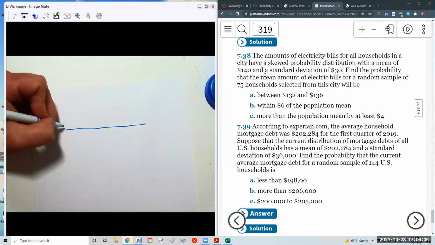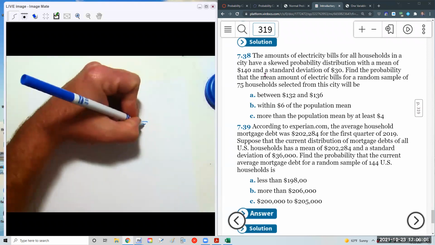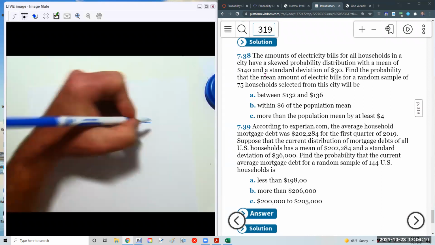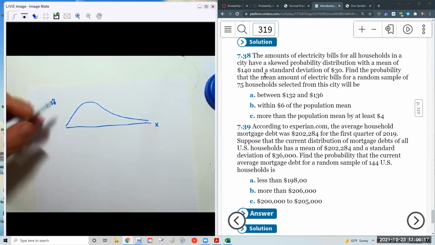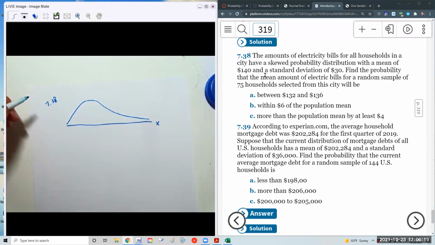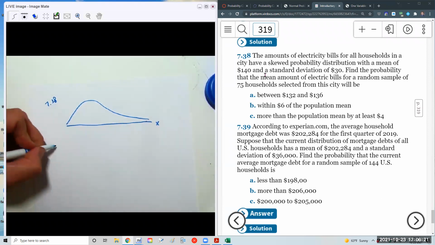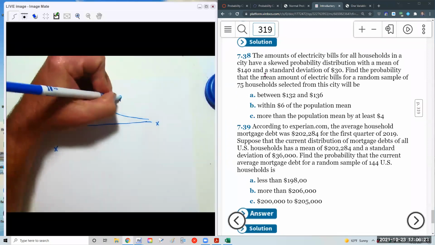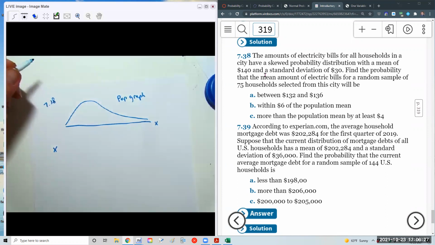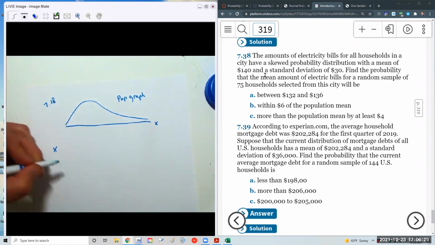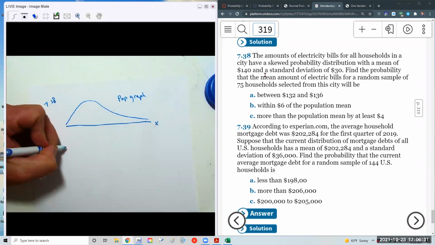It doesn't say whether it's skewed left or right, so I'll just draw a generic skewed right graph for the value of X. I know I haven't read the question yet, but I just want to write down what I was given. This is our population graph, and X is a list of all the electricity bill amounts.